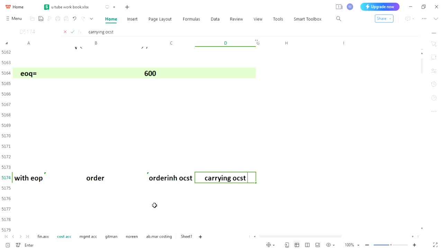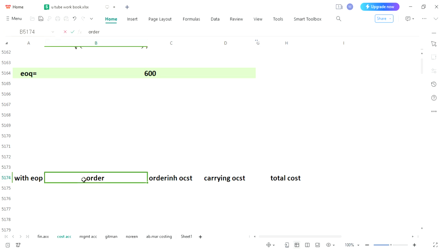Don't worry about the spellings, I will correct them. And then finally you will calculate your total cost. So here number of orders, very first step, is number of orders. You will calculate over here.